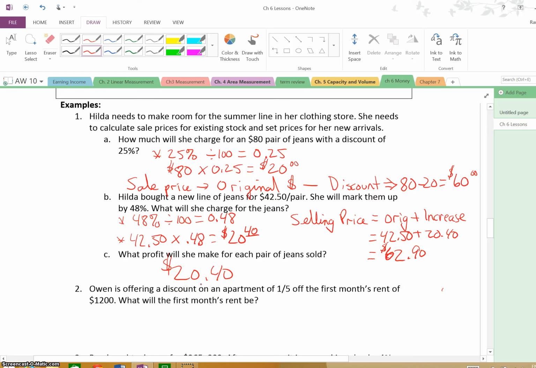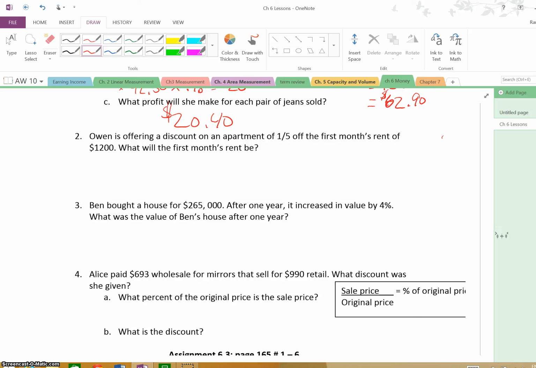All right, let's look at a couple more. Owen's offering a discount on an apartment of 1/5 off for the first month's rent of $1,200. So what will the first month's rent be? So this time I'm going to take 1/5. And remember, a fraction is basically a division. So I'm going to take 1 divided by 5, which is 0.2.